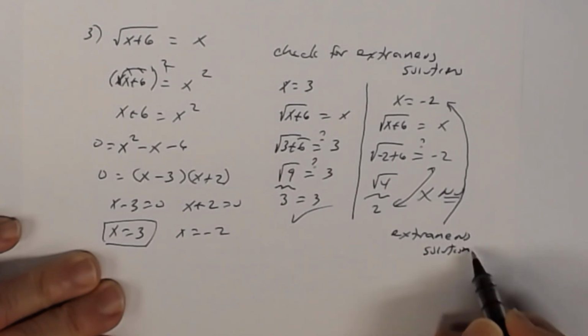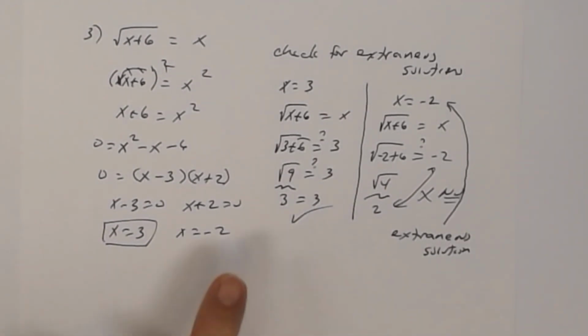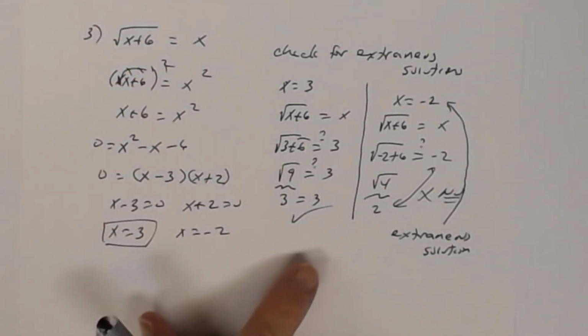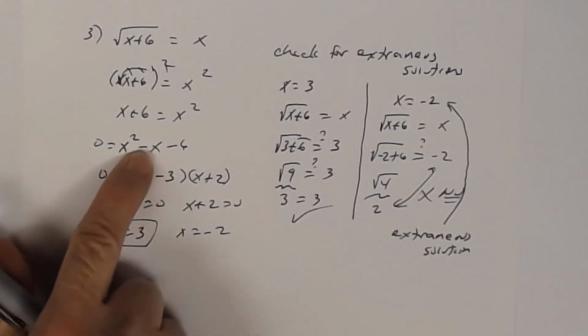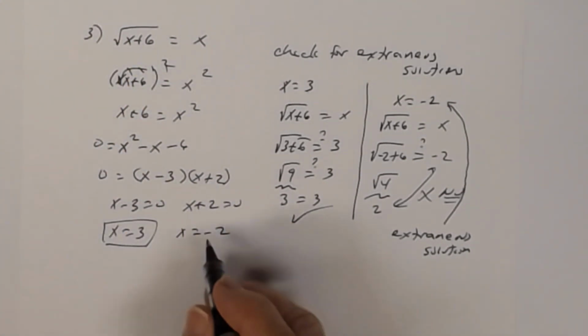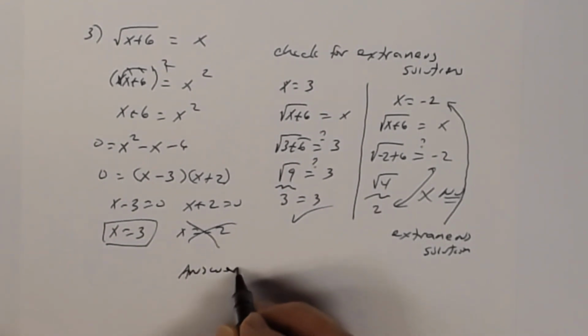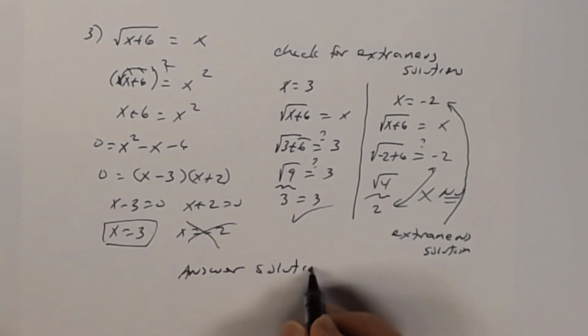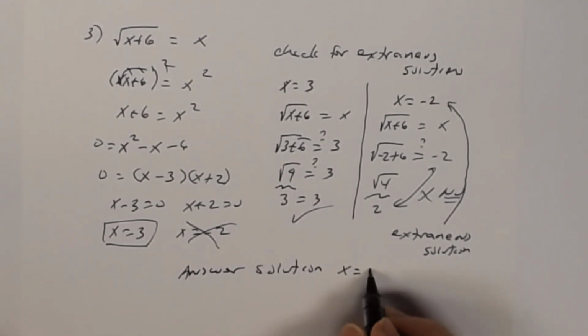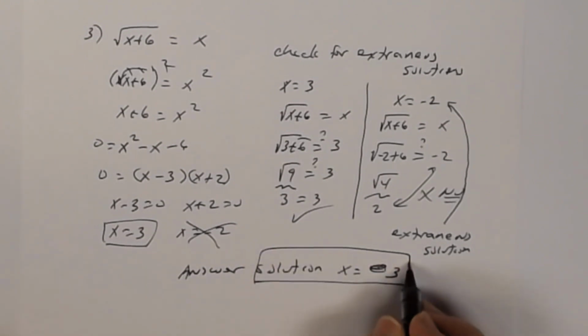It's a false solution. This proposed solution does not work in the original. It's a solution to the quadratic, but not the original. So the solution is x equal 3.